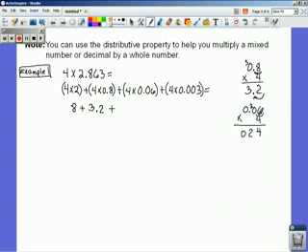Here we notice that our decimal point is 2 places over, so we'll move our decimal point 2 places to the left in our answer as well, so that 0.06 times 4 is actually equal to 0.24, or 24 hundredths.